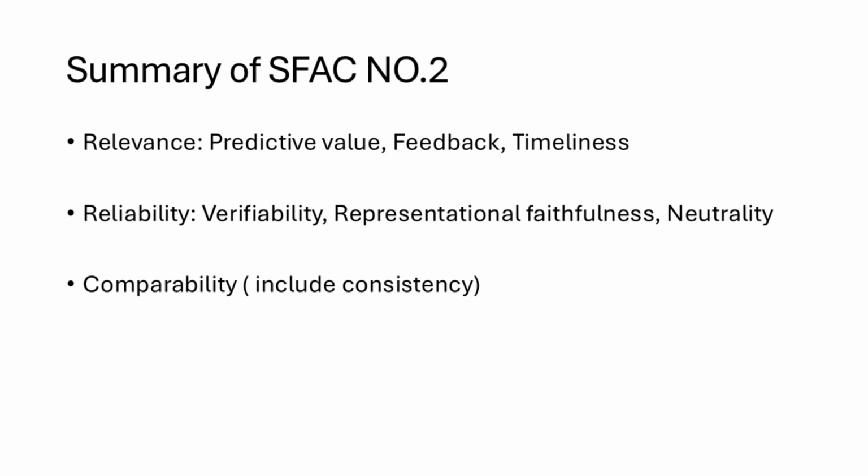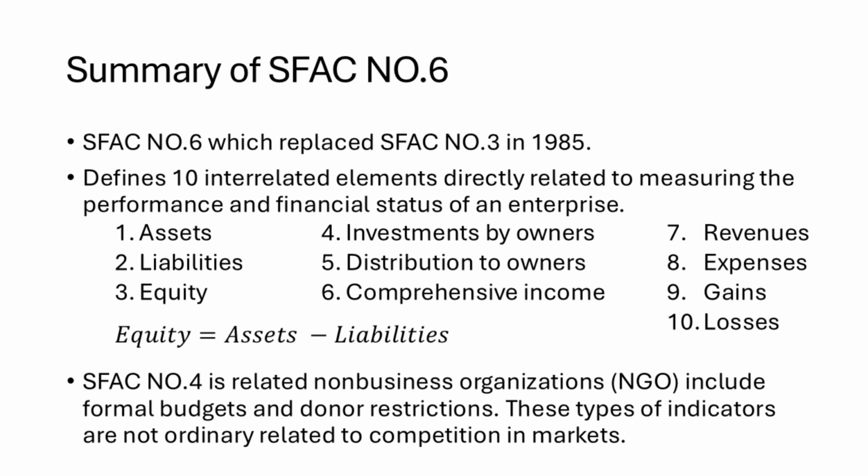SFAC 6, which replaced number 3, was issued in 1985. Number 6 defines the 10 interrelated elements directly related to measuring the performance and the financial state of an enterprise.